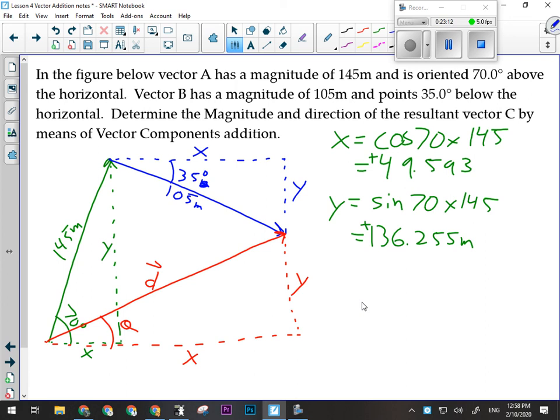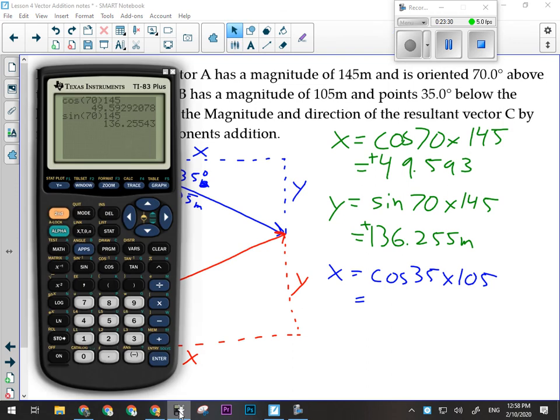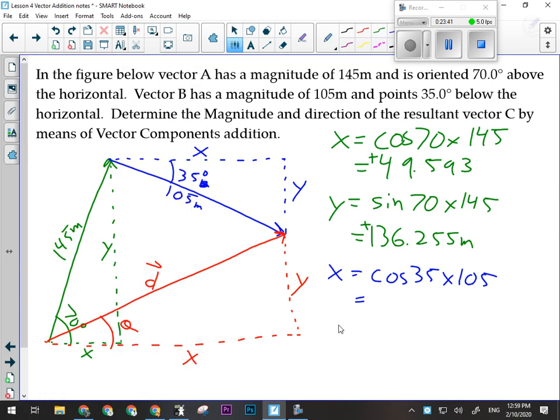So we've got blue x being the adjacent side to the 35-degree angle. I'm going to do this calculation for this triangle. That'll be the cos of 35 times the hypotenuse, 105. So that side is 86.011 meters, and it's along the positive x-axis, so it's positive.